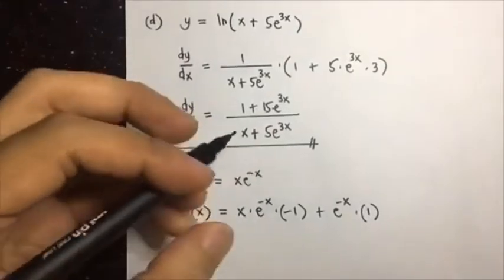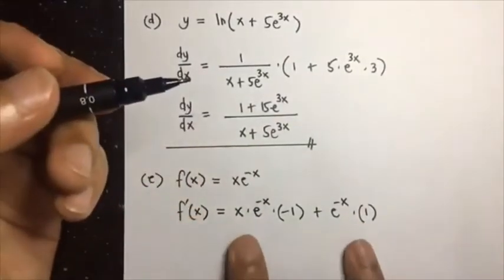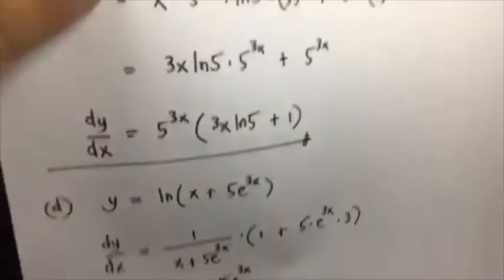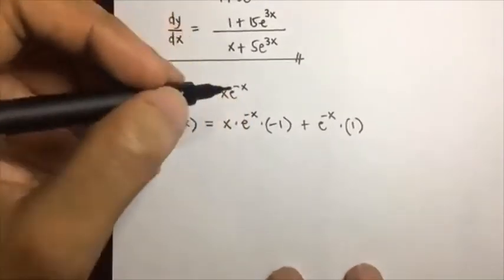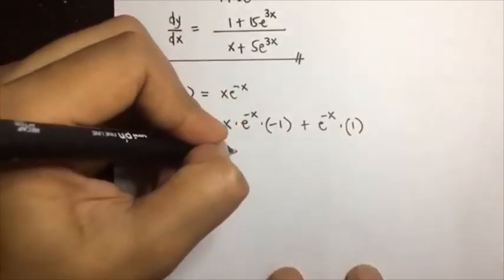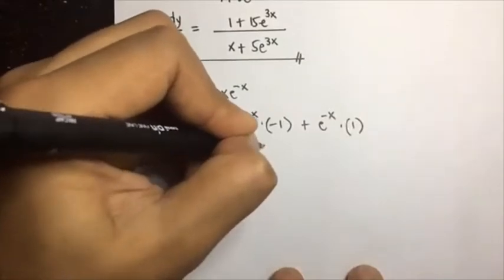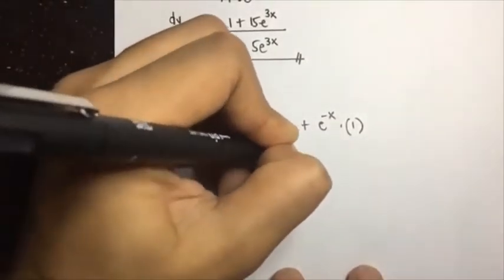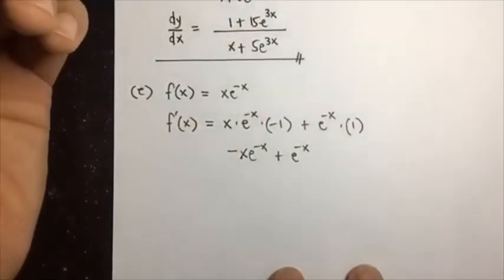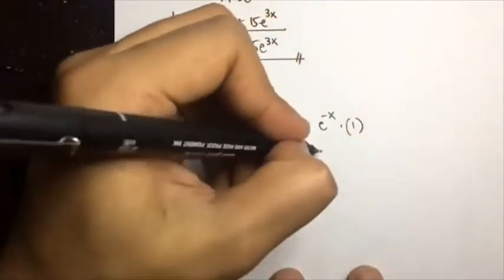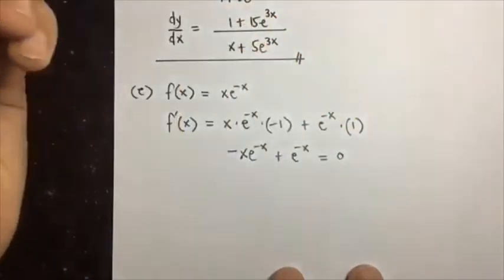So therefore equating this to 0, simplifying, we have negative x e raised to the negative x plus e raised to the negative x is equal to 0.